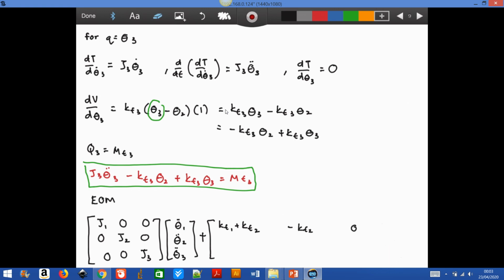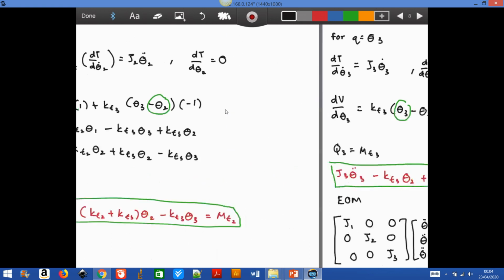Maybe I should give some space here. Theta 1, theta 2, theta 3 equals to, the first one is Mt1.